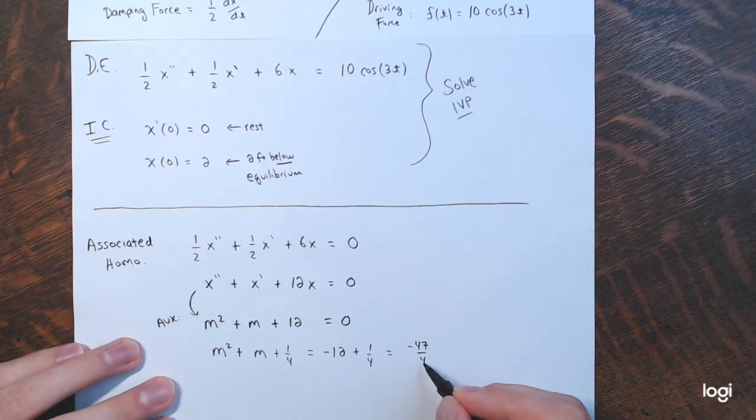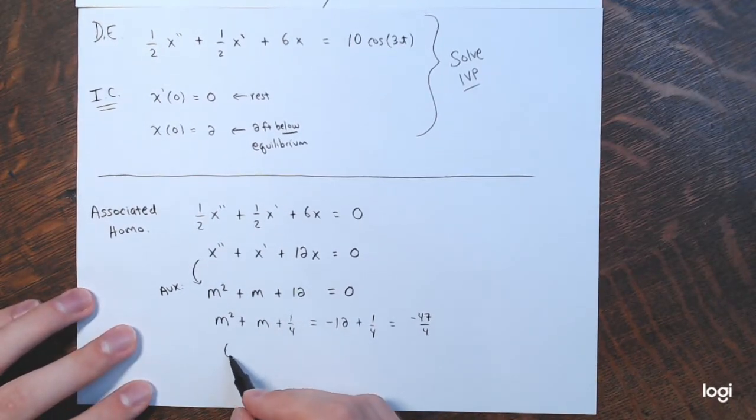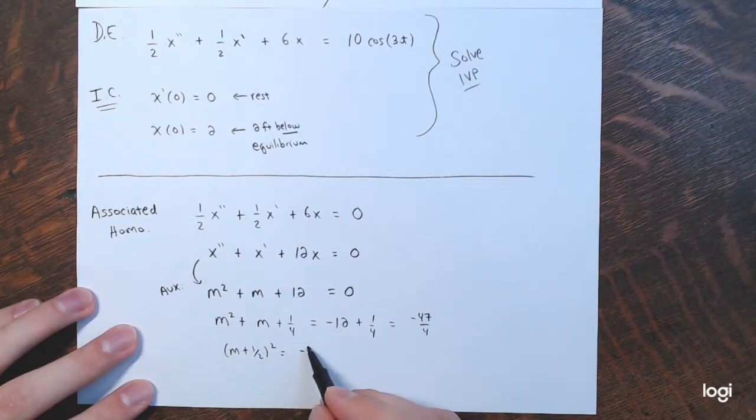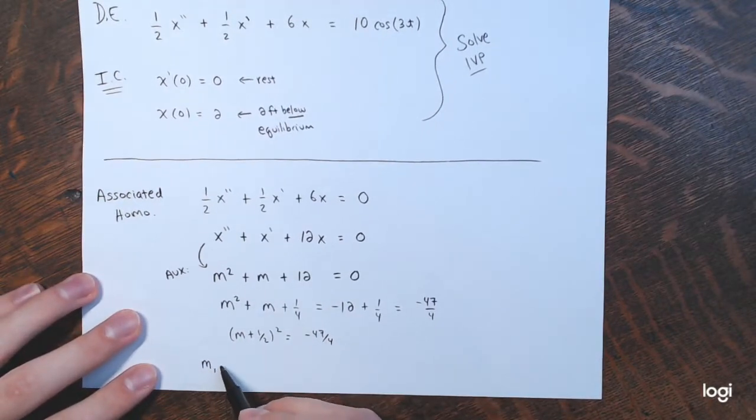That's 48 quarters, right? And then we have m plus a half squared equals negative 47 fourths. So my roots would be negative 1/2 plus i times the square root of 47 over 2, and then minus that, right?